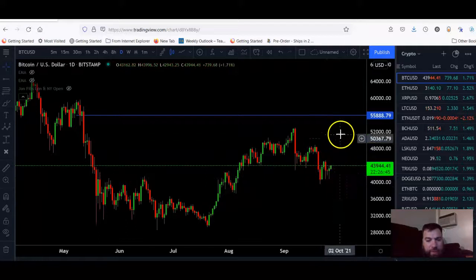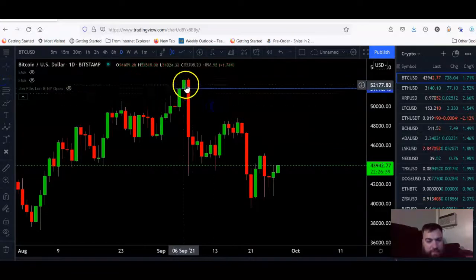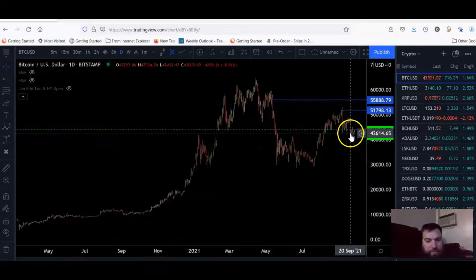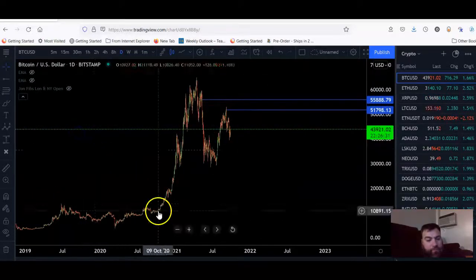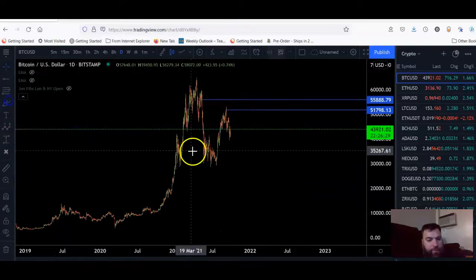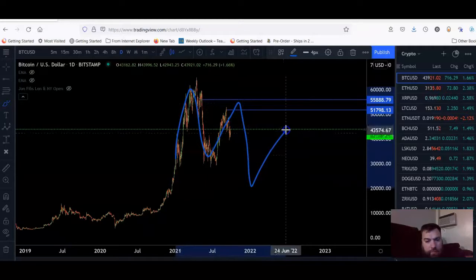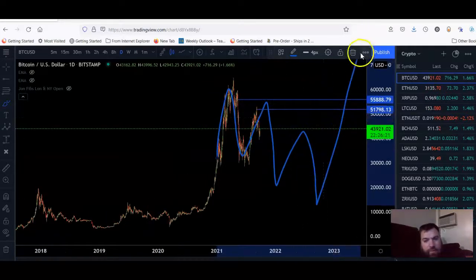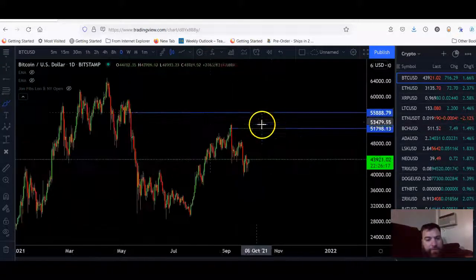Kind of looks like it might go back up. Then you have this daily candlestick too. We'll see. Overall, I think Bitcoin is doing something like this. Okay, then it's going to take off. It's going to be a while yet.